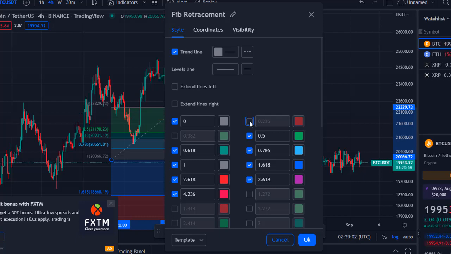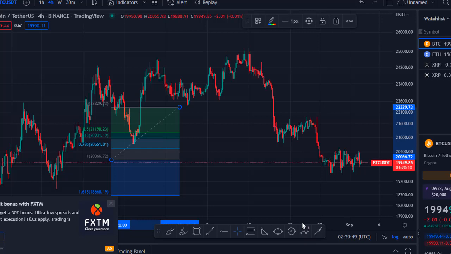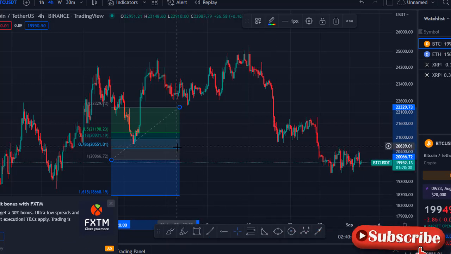I'm going to leave mostly these levels, and I think 0.5 to 0.6 is the major zone. These are the main levels that I'm going to use in this video.